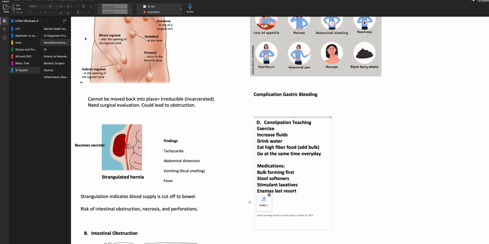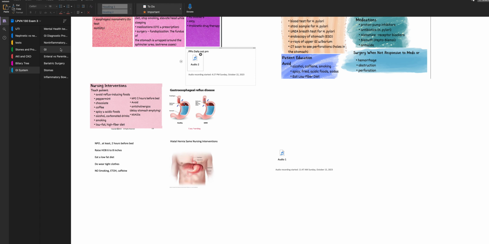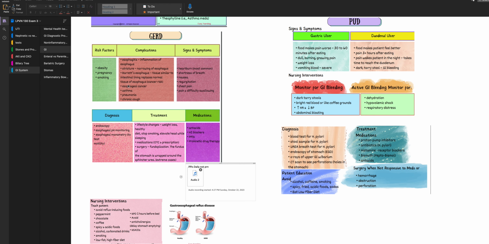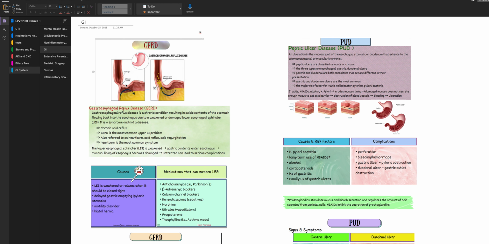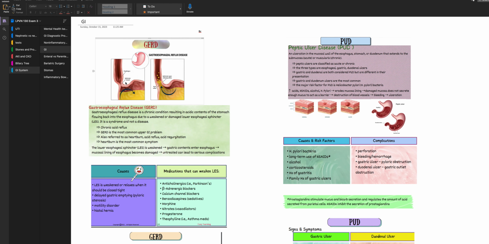All right, now I'm going to go into some other problems. So I'm going to talk about GERD first. GERD is the most common upper GI problem, and it stands for gastroesophageal reflux disease. Essentially what happens is something weakens the lower esophageal sphincter, which is right here, right?